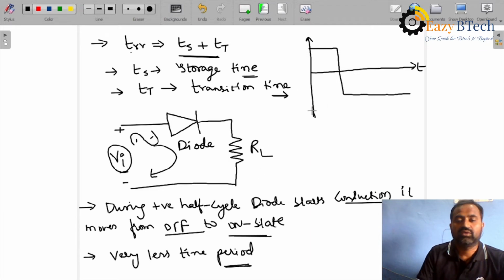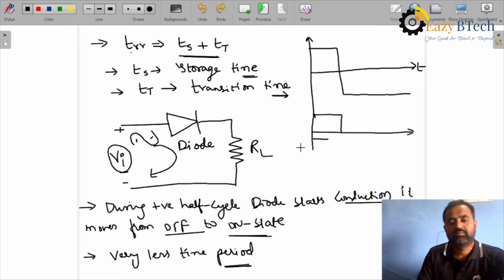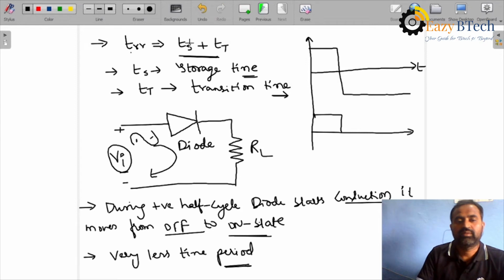Okay, now here you can see, from this time to this time we will call it TFR.